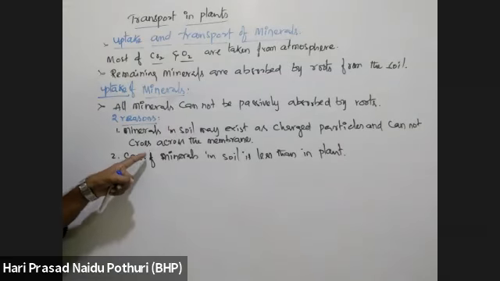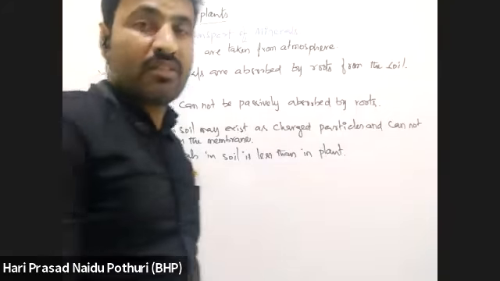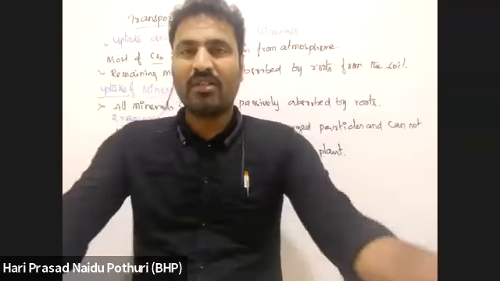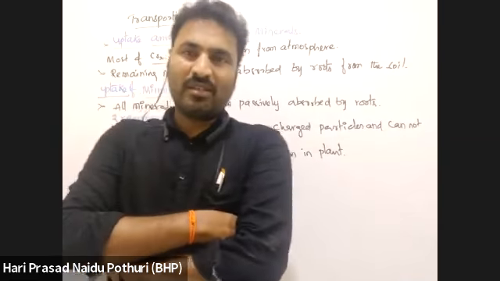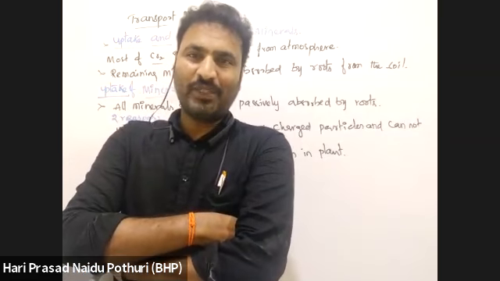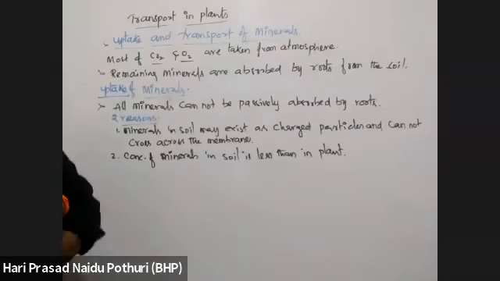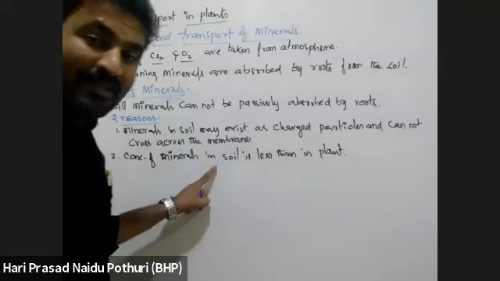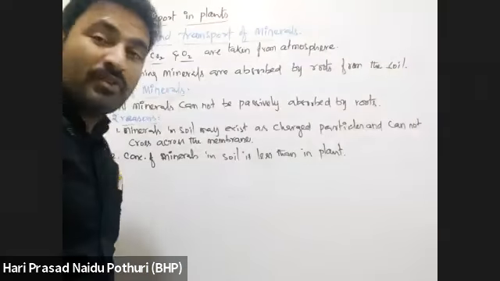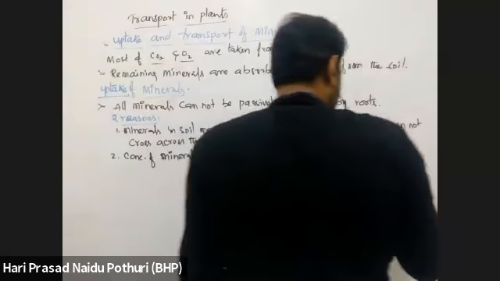Passive absorption follows the concentration gradient, from high concentration to low concentration. But when soil has a lower concentration than plants, absorption should be done against the concentration gradient.